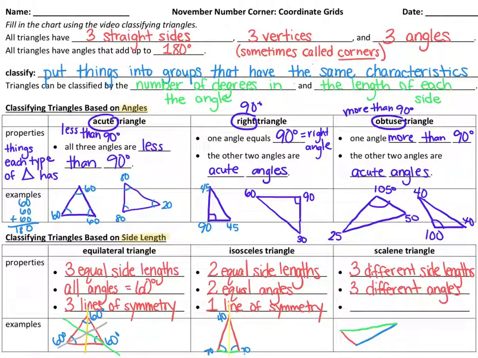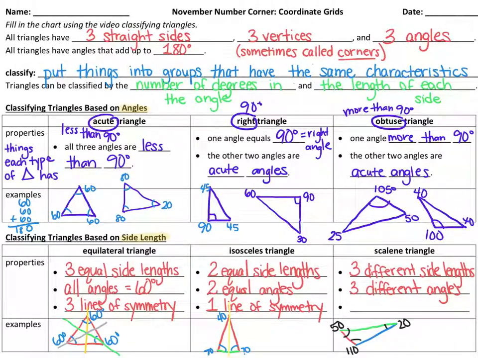There are 3 different angle measures. So perhaps one is 110 degrees, one is 20 degrees, and one is 50 degrees. It's possible. Okay, they're all different angles, all different lengths of sides.